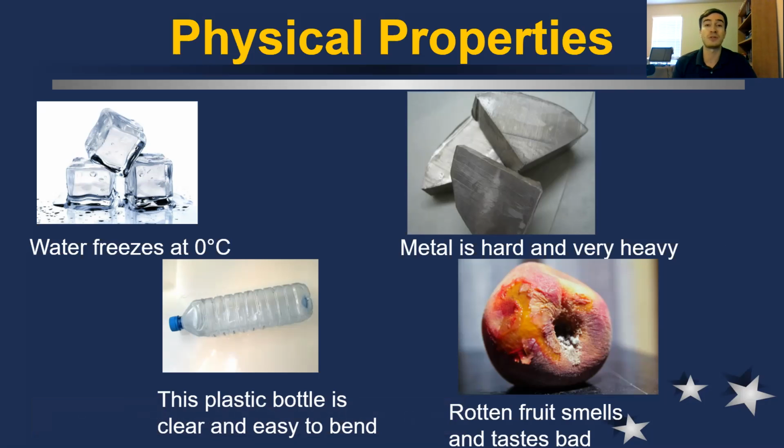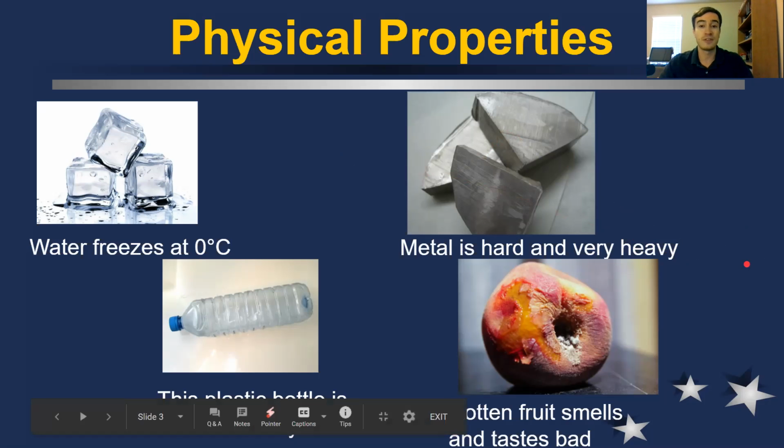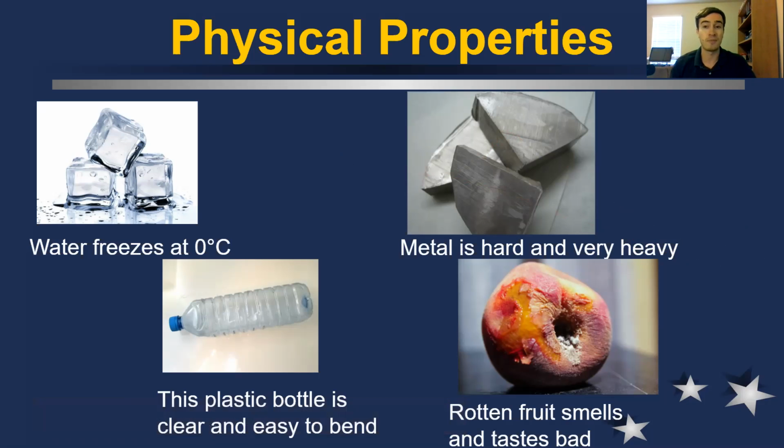Those are things that you can observe that will tell you, oh, this is not good anymore. I should stop eating this. Or man, I really should have put those in the fridge when I got home. Whoops-a-daisy, oh well. So all these physical properties, things that we can physically observe and measure about matter, about stuff in the universe.